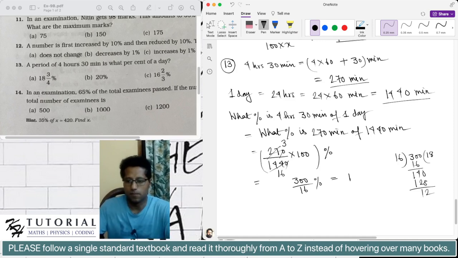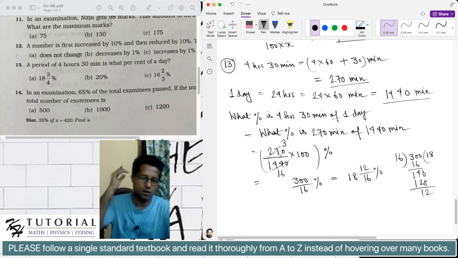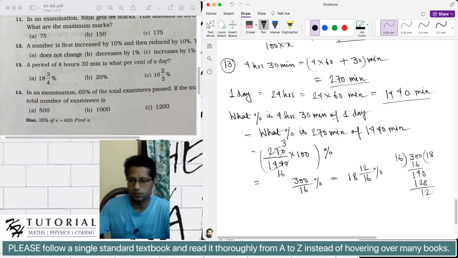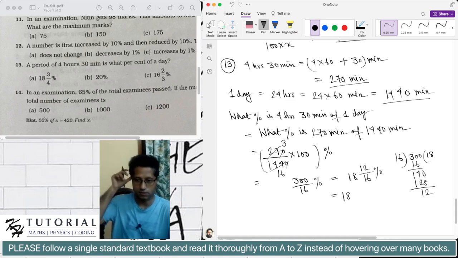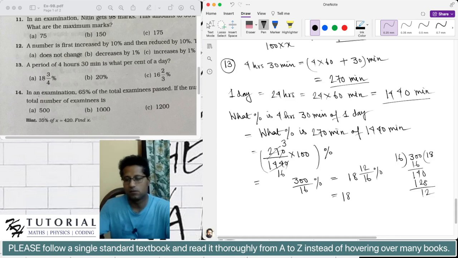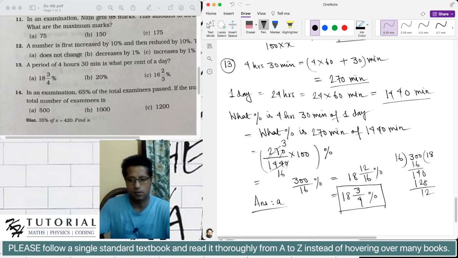So this is equal to 18 and 12 by 16 percentage. Now 12 by 16 can be further simplified to 3 by 4. So the answer is 18 and 3 by 4 percentage. So the correct choice is A. A is the correct choice.